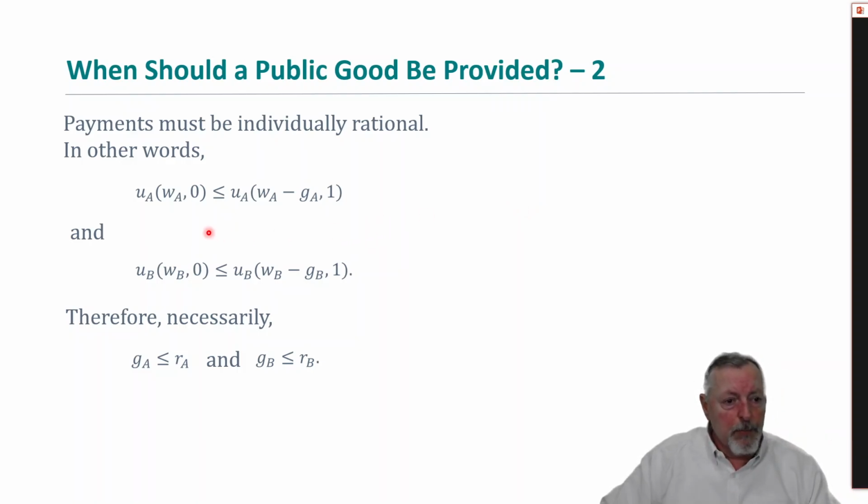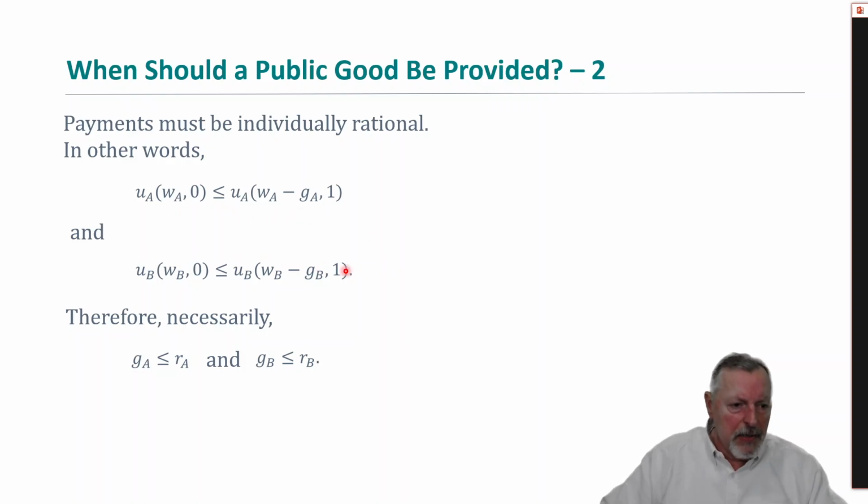Which means, for person A, the utility of, let's go the right side first, the wealth of A minus what they spend on the public good, but they get the good, that utility must be greater than or equal to the utility they get from just keeping all their wealth, for it to be rational for them to do this.